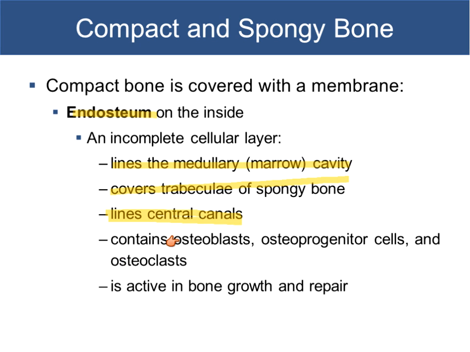Because it has osteoblasts that will eventually differentiate into osteocytes and osteoprogenitor cells, which are the stem cells for osteoblasts, this endosteum participates in bone growth and bone repair, because it has those cells that are responsible for regenerating the bone.